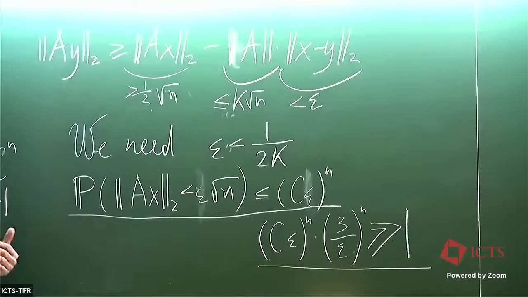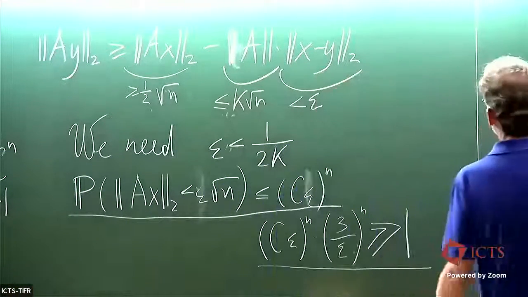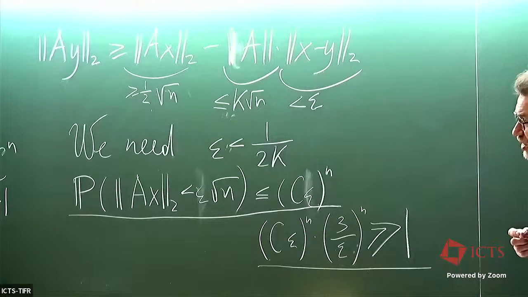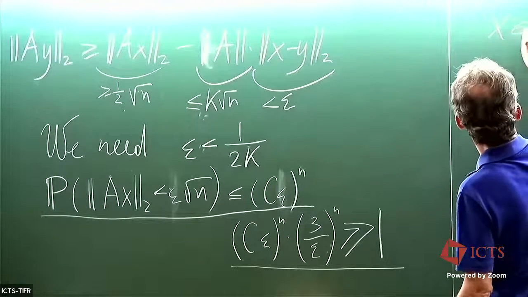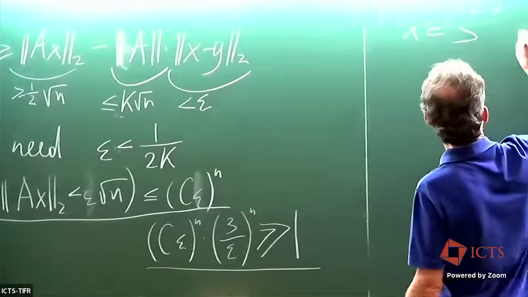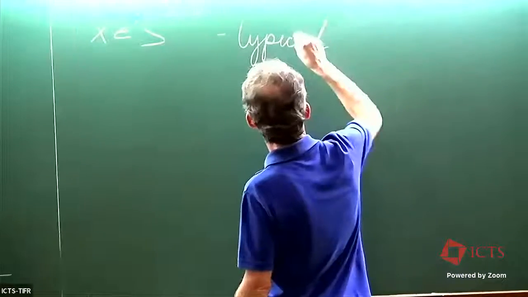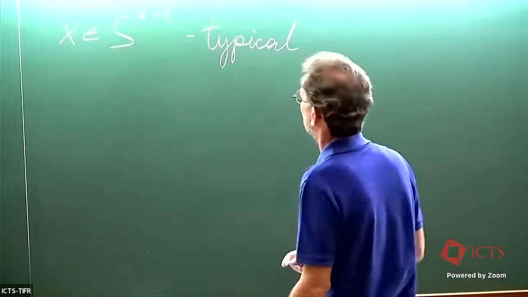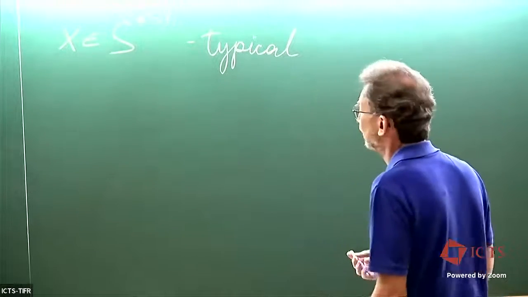And let's consider an alternative idea. The alternative idea is, let's take a typical point on the sphere. Well, how does a typical point look?